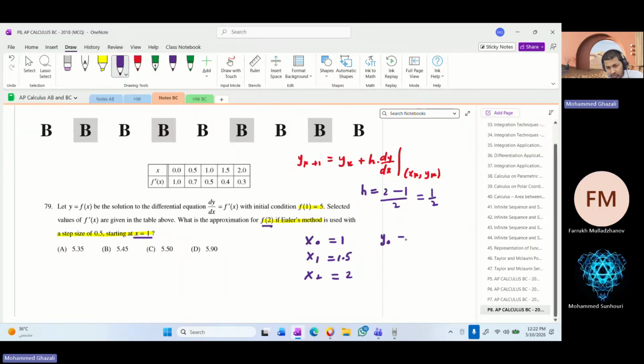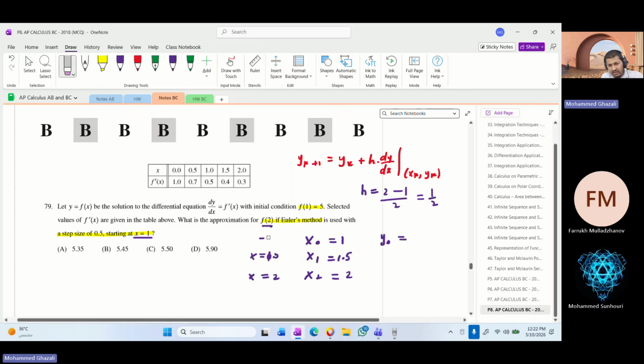So what's y naught? Remember, this is evaluated at x equals 1, x equals 1.5, and x equals 2. So those are your values. It's already written there.